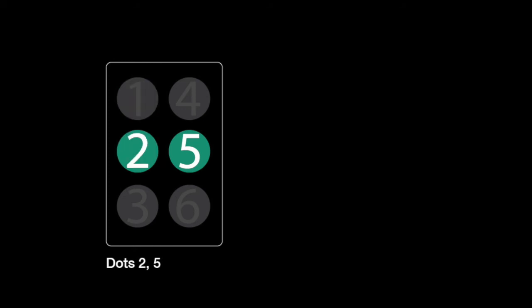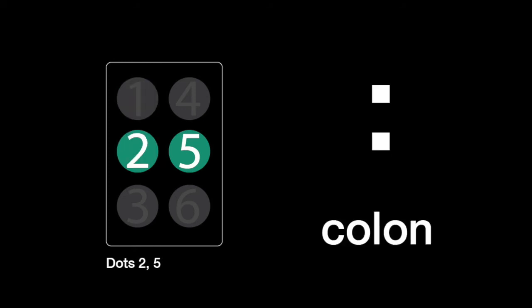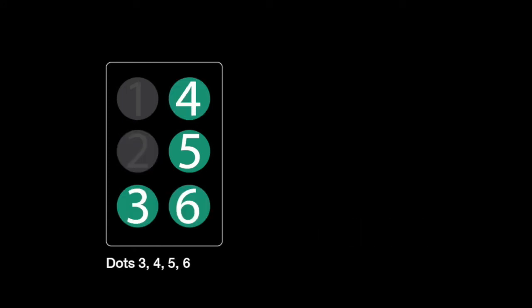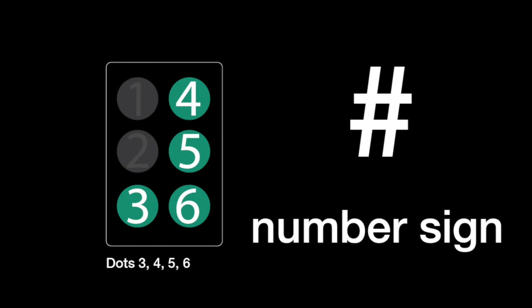Dots 2 and 5. A colon is dots 2 and 5. Dots 3, 4, 5, and 6 plus dots 1 and 3. 3 is a number sign, dots 3, 4, 5, and 6 plus C, dots 1 and 3.